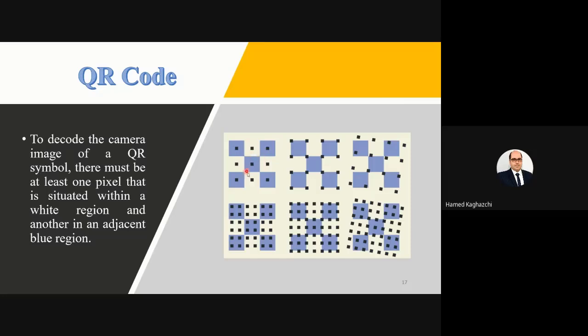This is the camera with the low resolution. This is the camera with high resolution. The left side images, these two images, show ideal registration of camera to symbol, and other images show problems with registration.